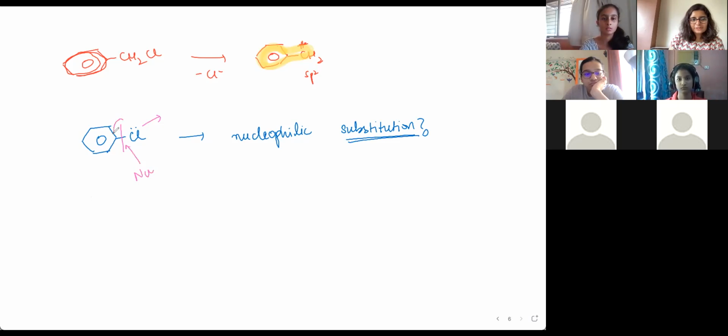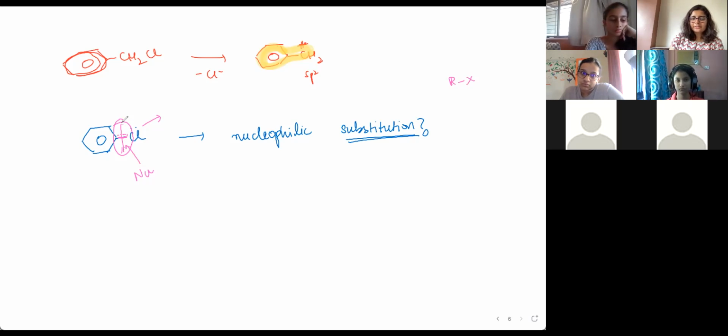But is it easy for you to break this bond, like in the case of haloalkanes, either by SN1 or SN2 mechanisms? No. Resonance gives it partial double bond character. This bond is slightly stronger compared to regular haloalkanes.